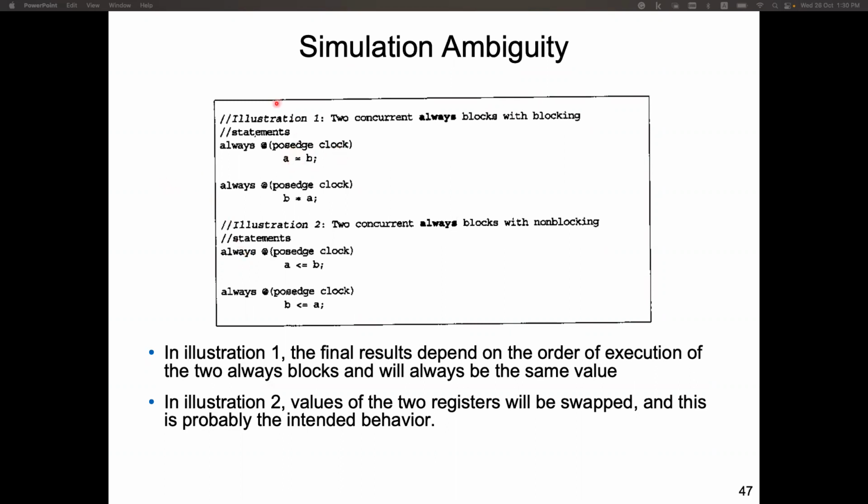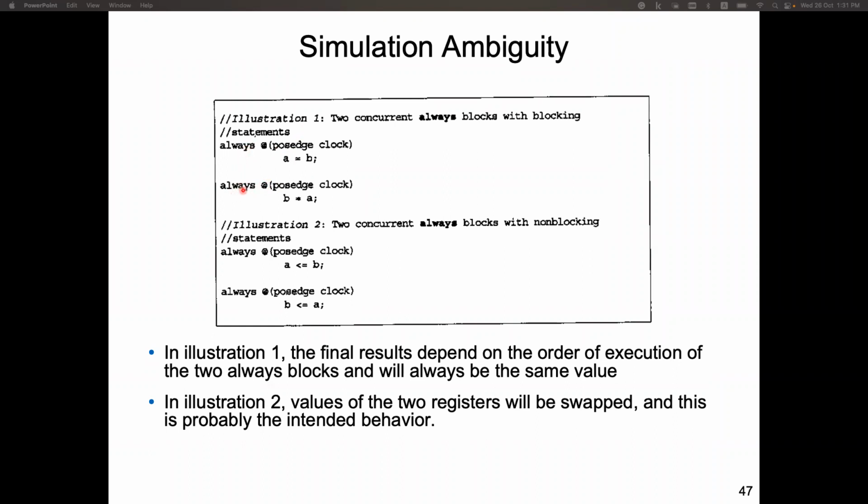So for this illustration one, we have two concurrent always blocks. And the order of execution is not clear. The order of execution of these two concurrent always blocks depends on the actual implementation of the simulator. It could be the first one first or the second one first.